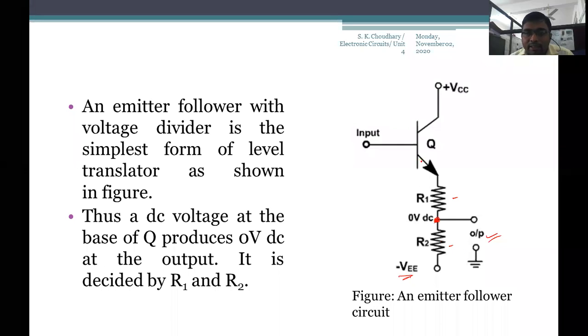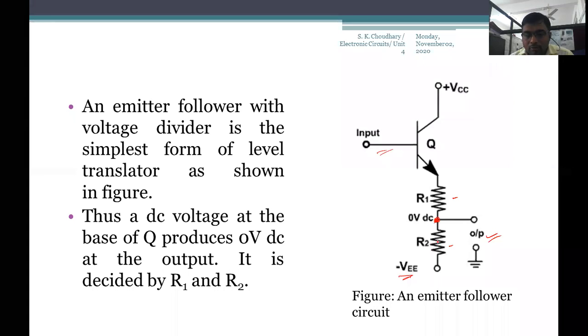So a DC voltage at the base of the transistor produces a zero output, and how is it decided? It is decided by the values of R1 and R2.